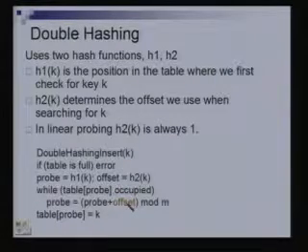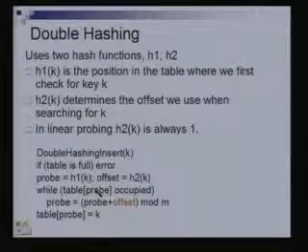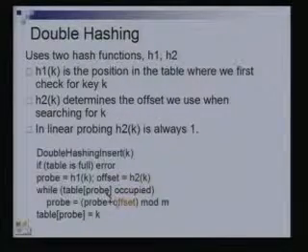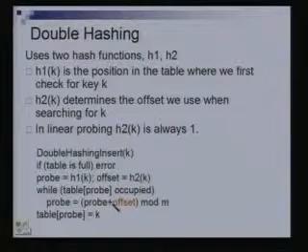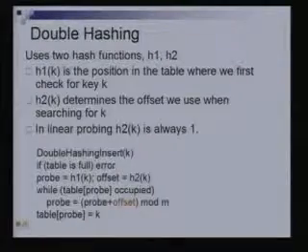Probe is set to probe plus offset, which means this is the next location I look at. Right? If this is also occupied, then the next location I look at is again probe plus offset. So which means that offset is determining how much distance I am going to advance every time I don't see the element that I am searching for.